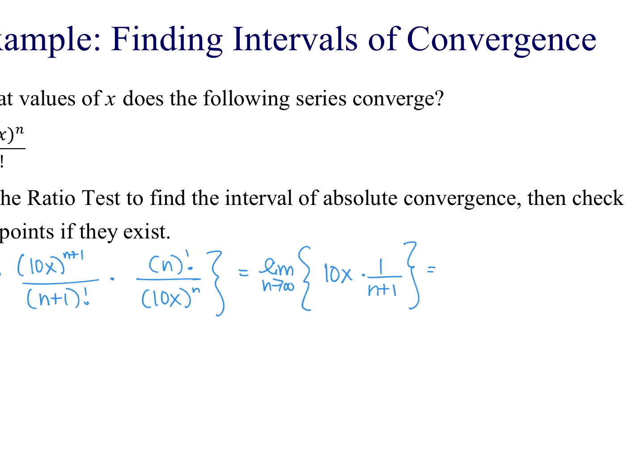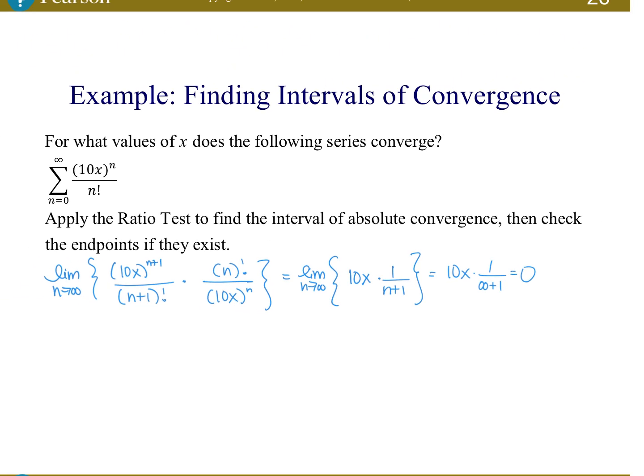It's going to be 10x times 1 over infinity plus 1, which is 0. What does that mean? The interval of convergence is all real numbers. Correct. If the ratio turns out to be 0, it was a special case. If the ratio result is 0, then the interval of convergence is for all x values.